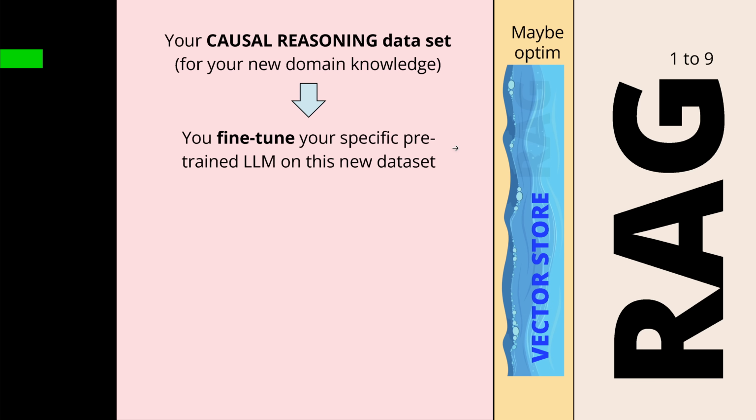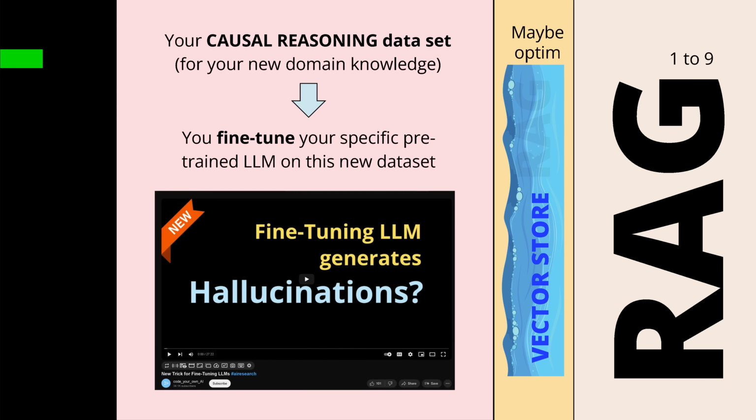And I do not build a vector store. And you can do this, and maybe this video helps you. I show you here the new tricks how to fine-tune your LLM without generating too much hallucination. So in this video, you find some insights how to do this.